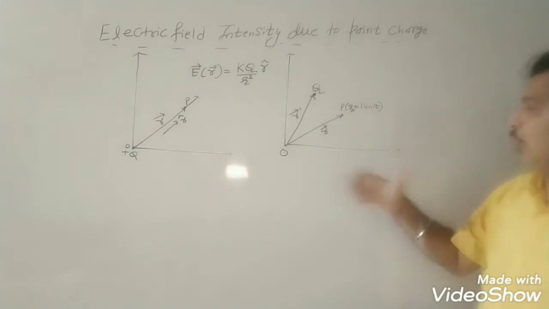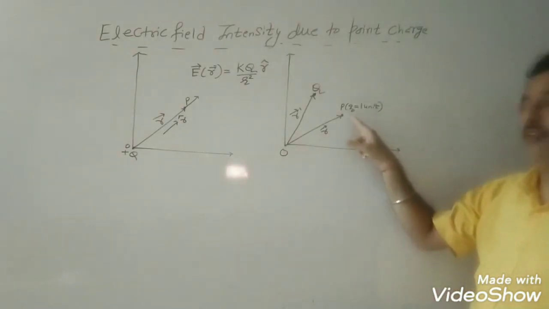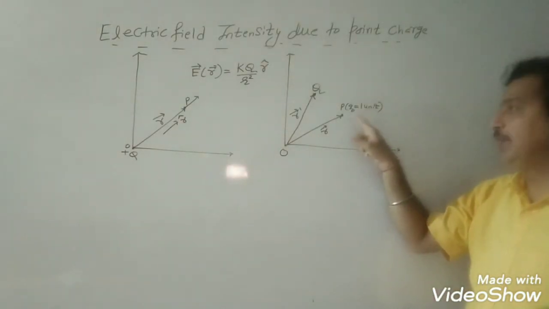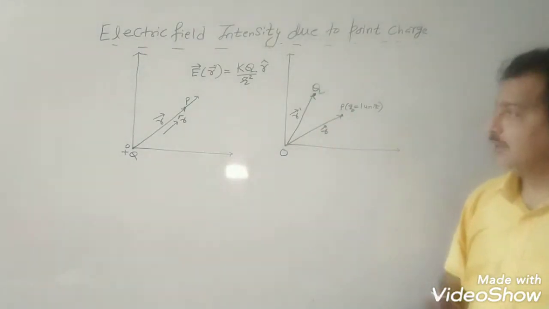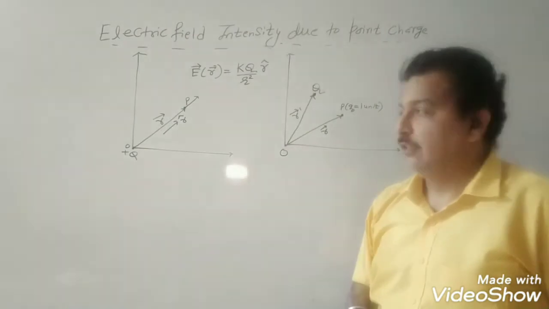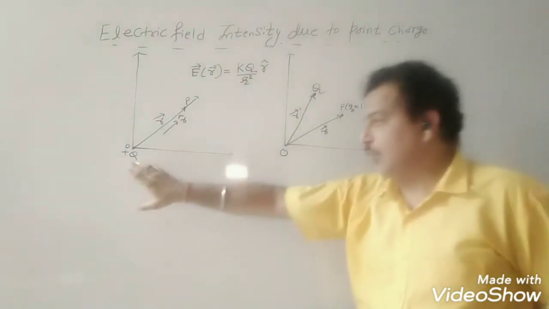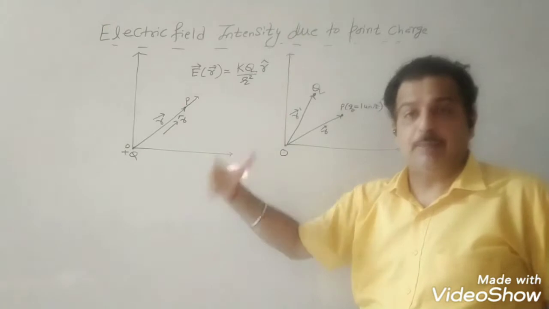So now you have to find the electric field intensity at point P when the source is not at the origin. This is the formula we have derived taking the source at the origin.